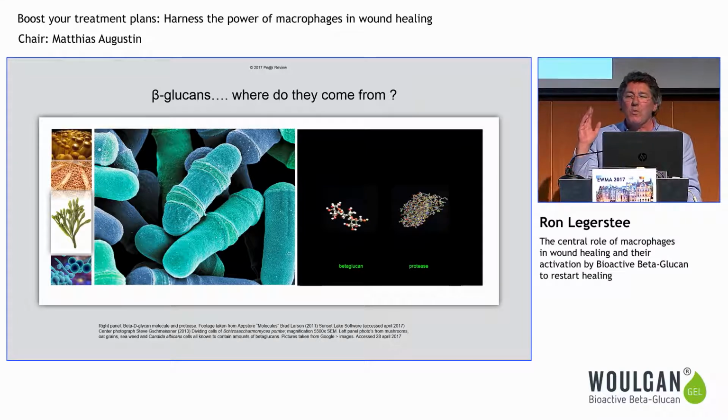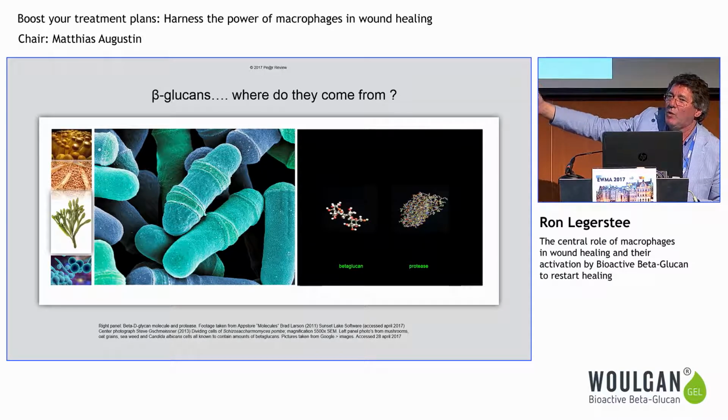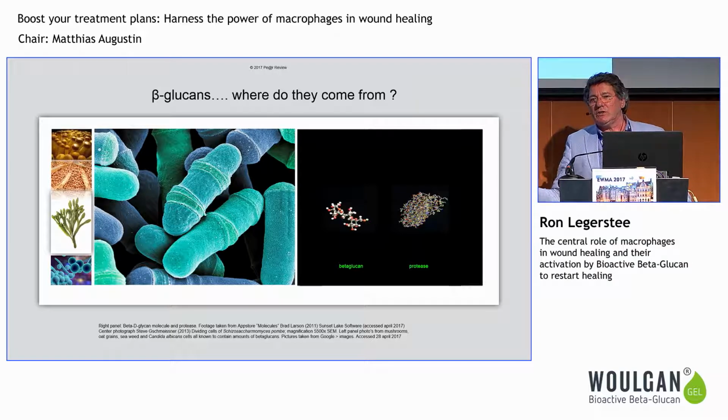In the middle, this wonderful picture, I think, of unicellular plant cells, yeasts. They make beer, they make wine, they are used in all processes of fermentation. And on the left pane, you see mushrooms, oats, seaweeds, Candida albicans. So both physiological cells, pathological cells, organisms.